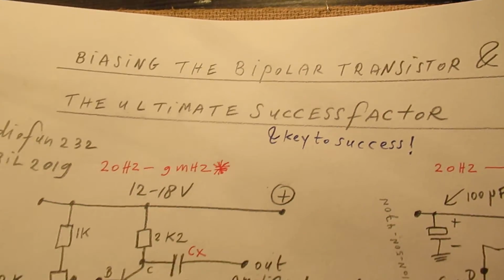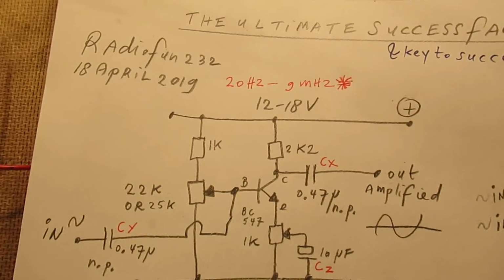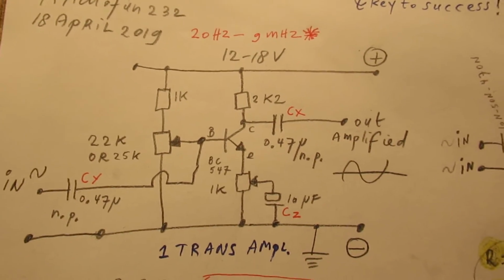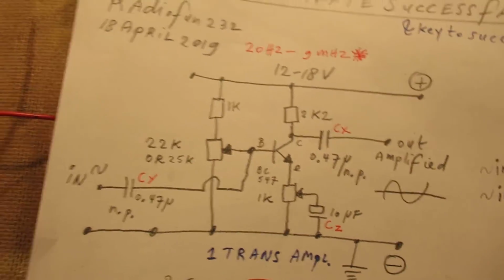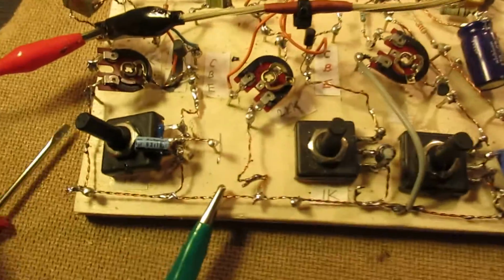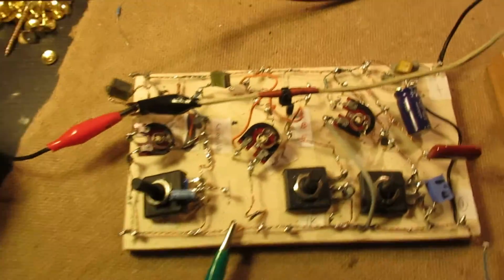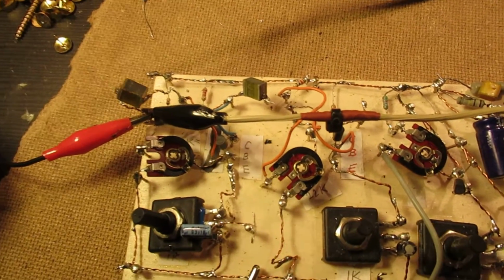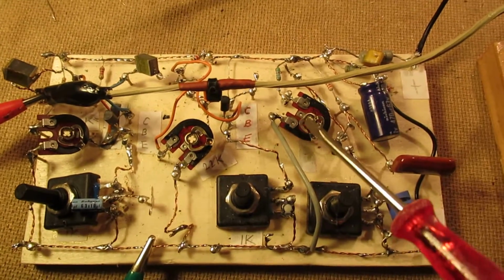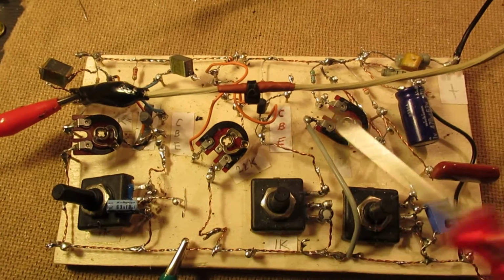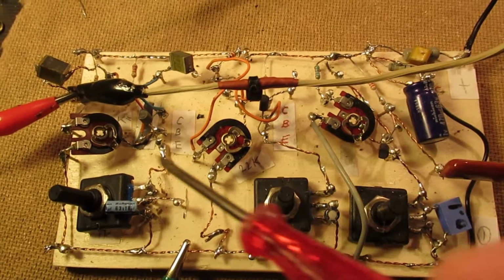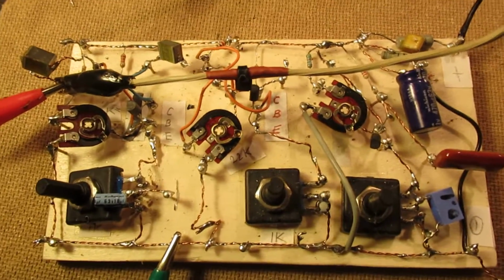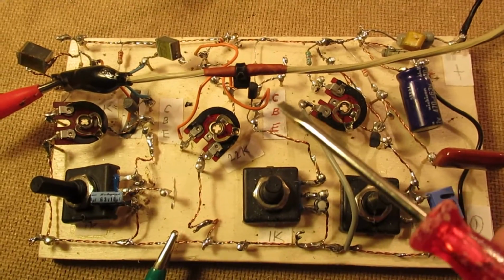So here is really the ultimate success factor when you want to do radio experiments, electronic experiments, want to make a 1 transistor amplifier or a 2 transistor amplifier. Here you see a 3 transistor amplifier. I've only used the first stage, but you can see that here I have 2 potentiometers, in fact 3, and with all these 3 potentiometers you can bias the corresponding transistor.